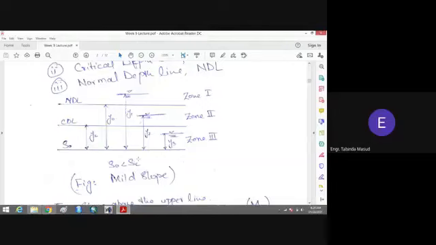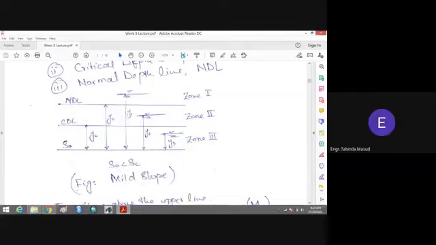Critical slope is defined as the slope where the flow is uniform but undisturbed, and that flow is also known as the critical flow. On a critical slope, the flow is uniform as well as critical, and if the slope gets smaller than the critical slope, then what happens? The depth of the flow increases, and that slope is known as the mild slope.